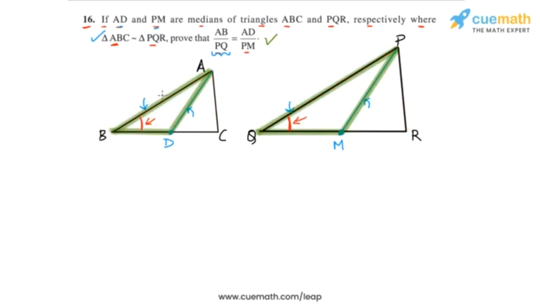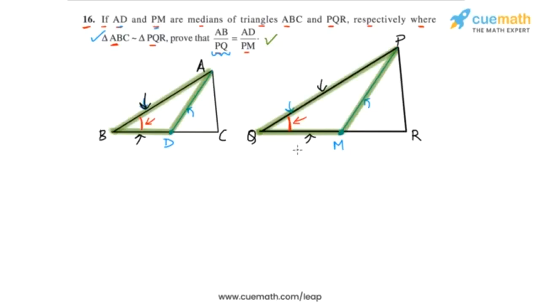Can we say that AB by PQ is equal to BD by QM? So AB by PQ is this pair, and BD by QM would be this pair. So can we say that these two ratios are equal?